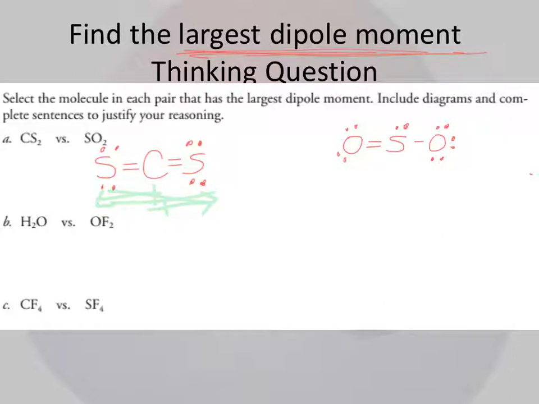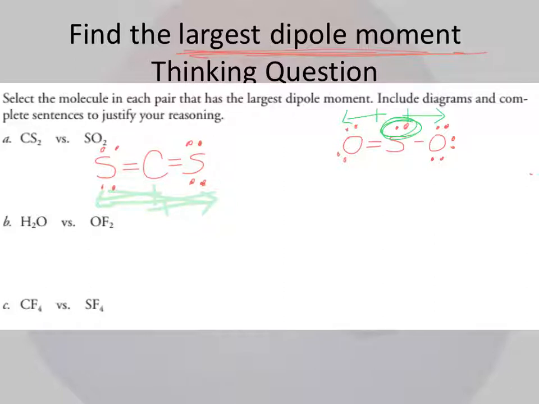Okay, now this one over here, sulfur and oxygen. If you know the placement of sulfur and oxygen on the periodic table, you would notice that oxygen is more electronegative than sulfur. So you're going to end up with this. Now, the thing that really kills this one is this lone pair.